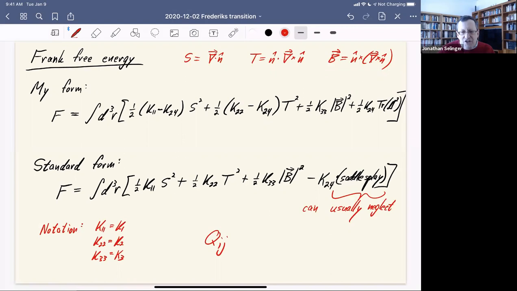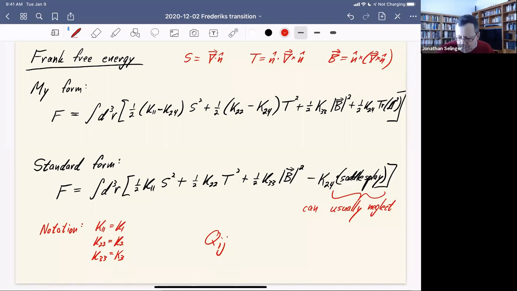These are just labels for different elastic coefficients. And so there's no rotation of coordinate systems that changes K11 into K22 or anything like that. These are not components of a tensor. These are just different coefficients.